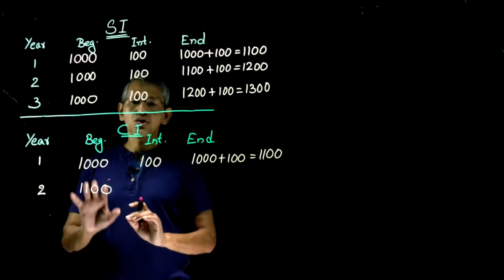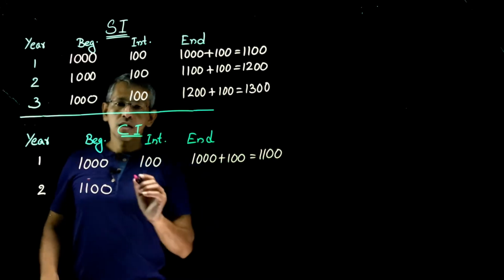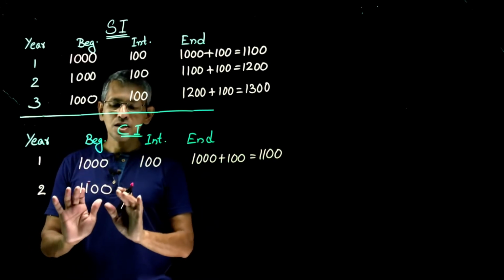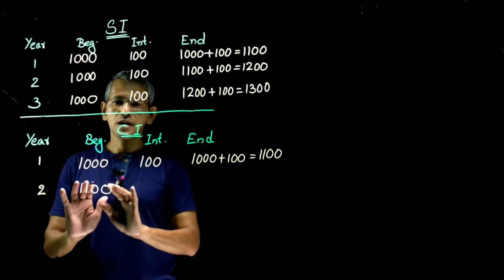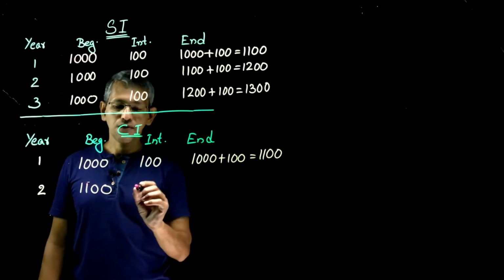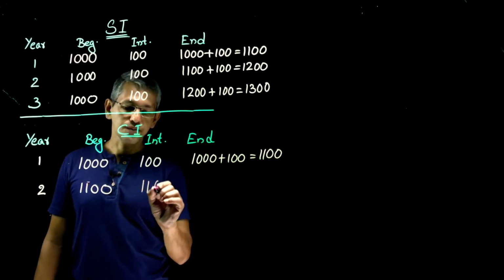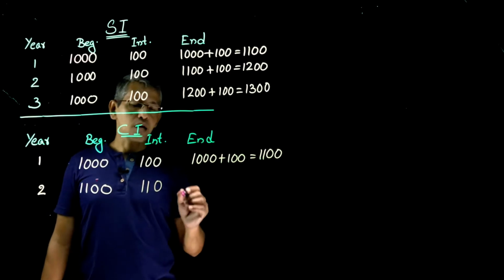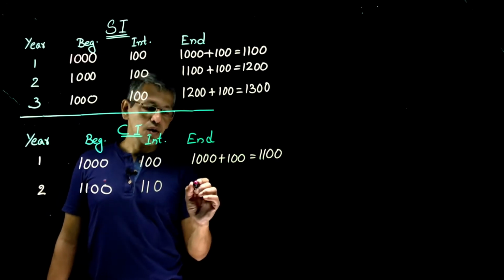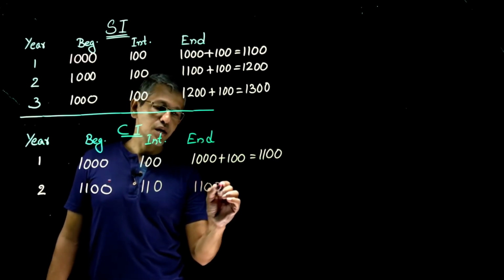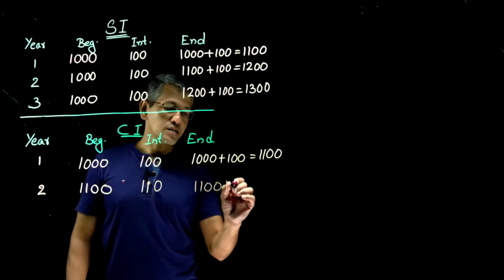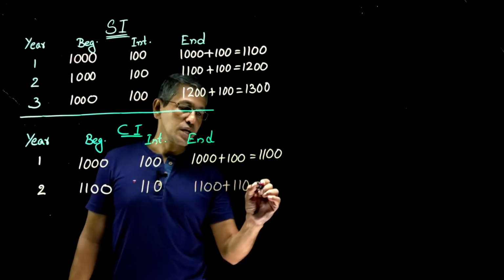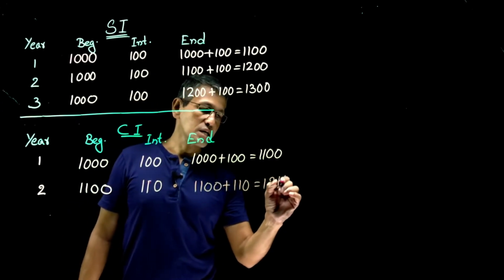So we'll get 10% interest on that principal amount of 1,100 rupees. What is 10% of 1,100? 110. At the end of the second year, you already have 1,100 rupees in your account, plus you have 110. So what do you get? 1,210 in your account.